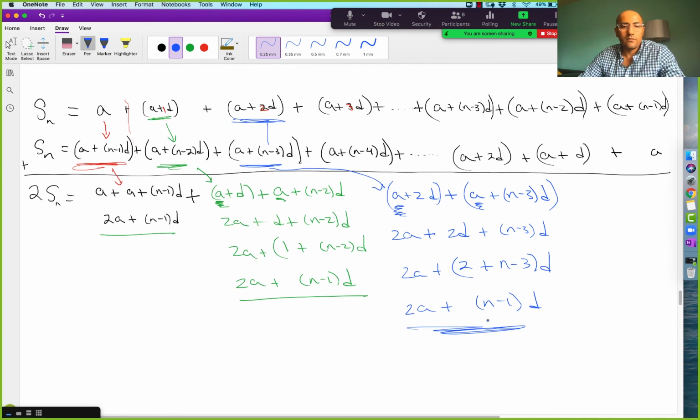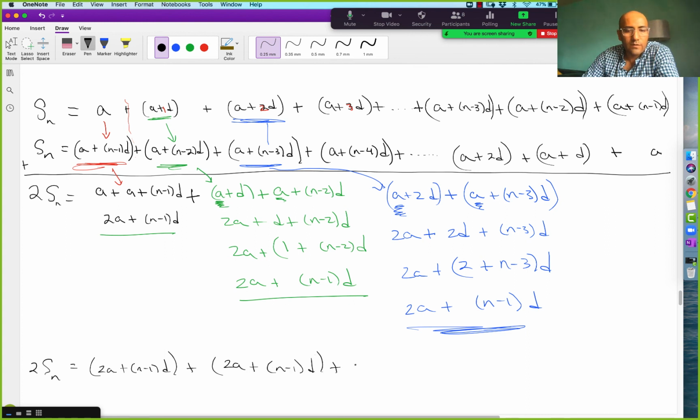Good. So we're going to be adding all of these. So let me copy that down here. So far what we have is that this 2s sub n is equal to 2a plus n minus 1d plus another copy of 2a plus n minus 1d plus another copy of 2a plus n minus 1 times d.